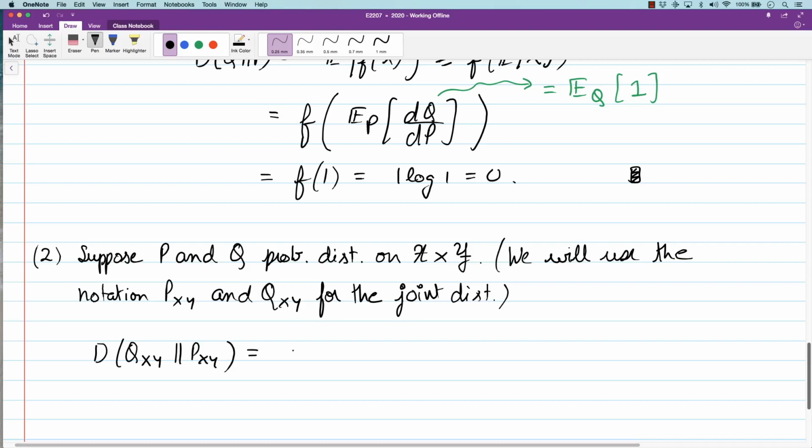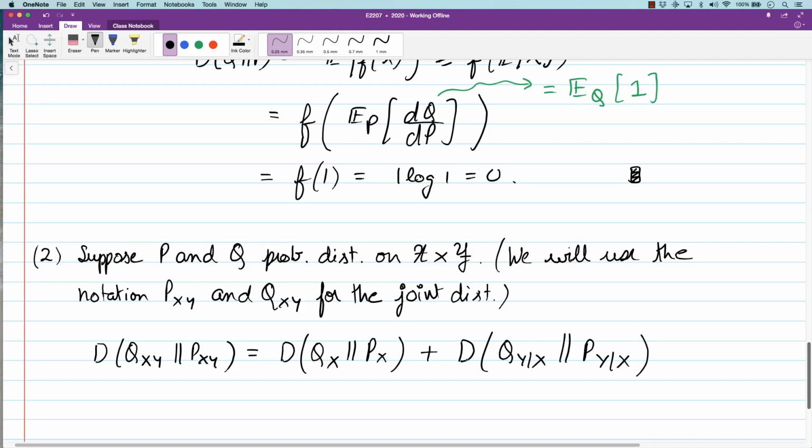This is called the chain rule for divergence. The divergence of the first coordinate is D(Q_X||P_X) plus D of Q_{Y|X} and P_{Y|X}.